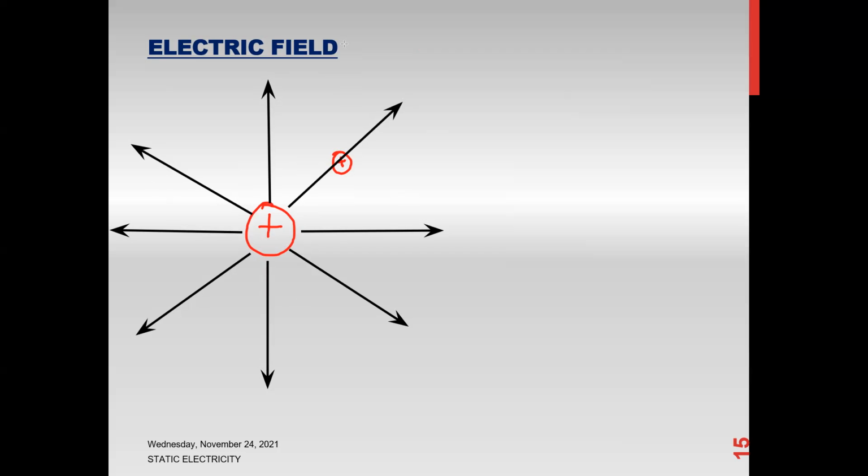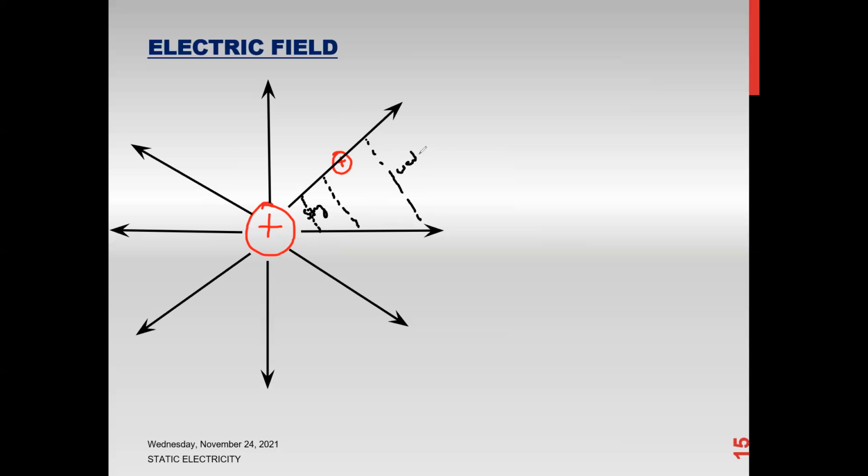These are known as electric field lines. The distance between the lines shows the strength. For example, as you can see here, the lines are closer, but when we move away from the charge, the distance between the lines is increasing. So it means at this point, it is strong.